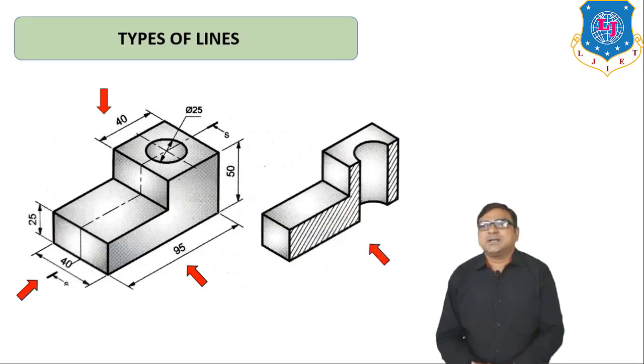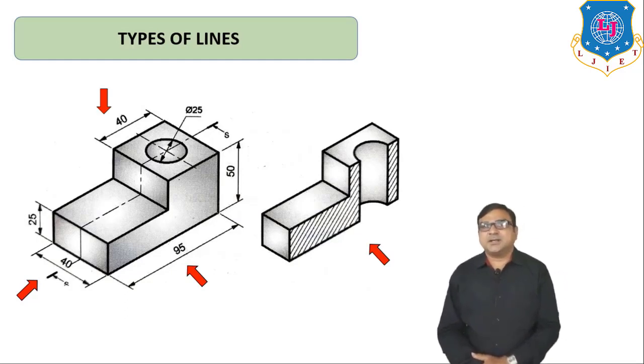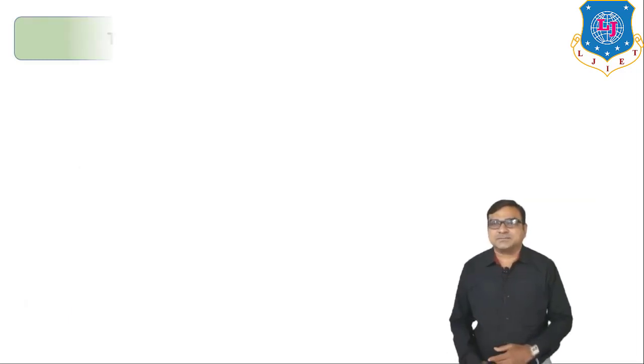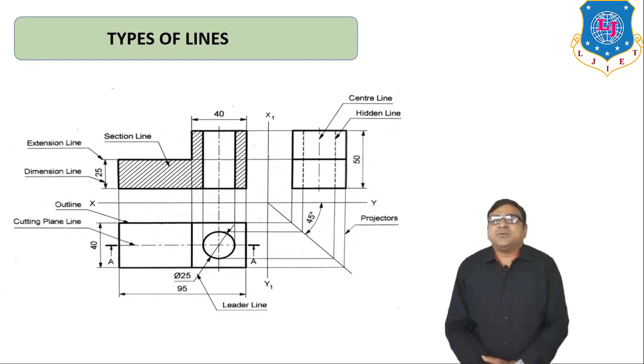This is a half portion of the object in which the number of lines on the cutting surface represents where the cutting plane intersects the surface of the object. Now these are the views, or you can say orthographic views, of the previous object.